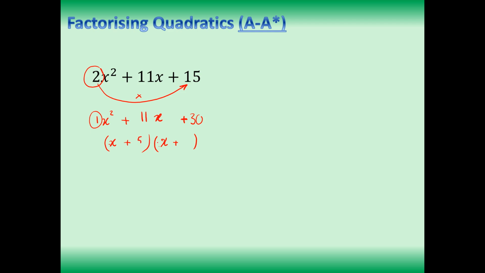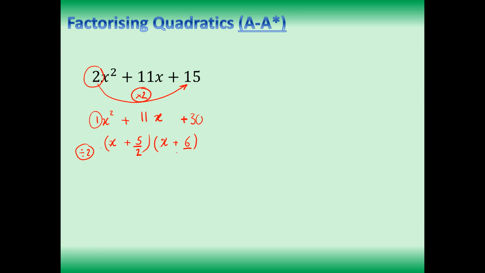I put a 5 here and 6 here because they multiply to 30 and add up to 11. Now, because I took that 2 and multiplied by 15, my work is not done. The next step is to divide by the factor that I multiplied by. I multiplied 15 by 2, so now I need to divide by 2.